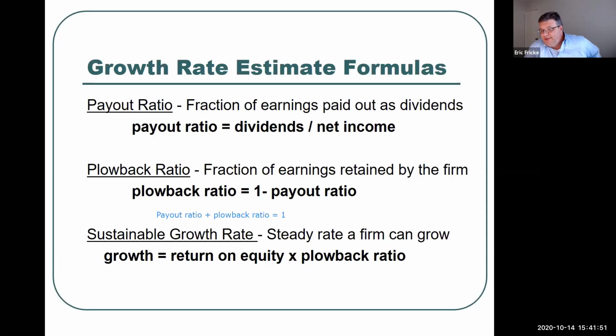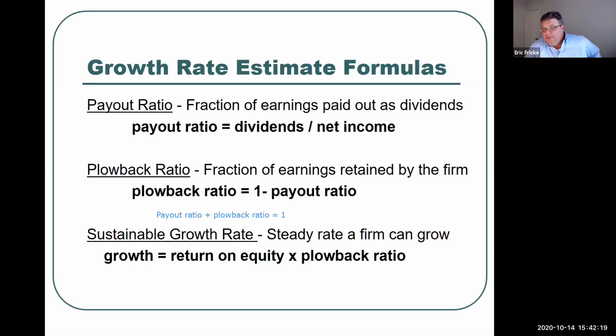So where does this come from? Think about return on equity as how much your equity investment in the business will grow every year, right? That's your return. So if equity is $1 and the return on equity for a company is 10%, then it returns $10 every year, right?